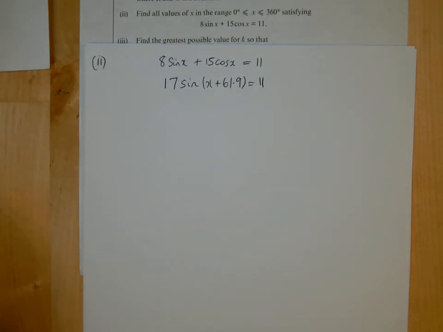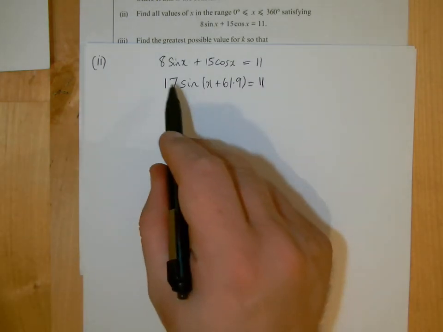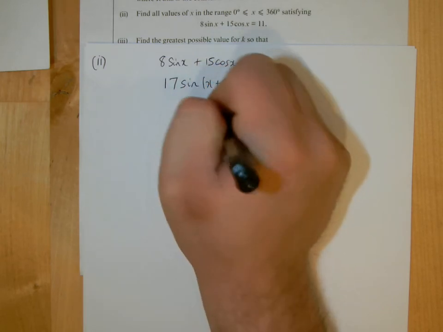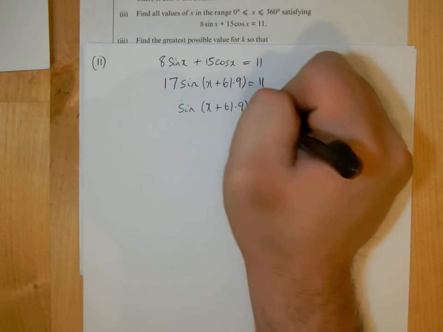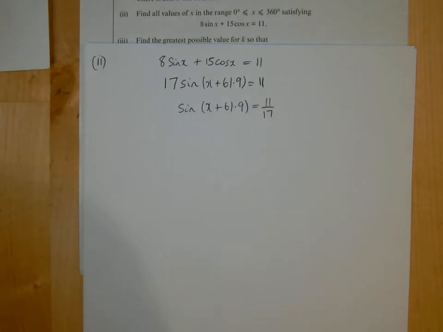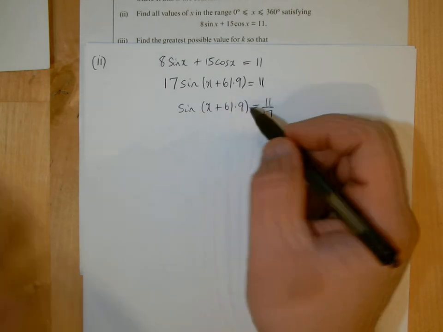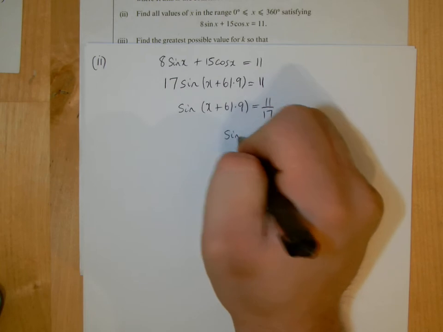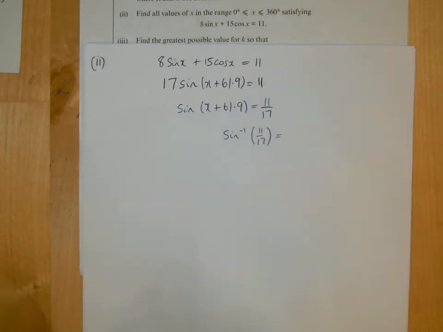So from there we can take this 17 over the other side, so we have sin(x plus 61.9) equals 11 divided by 17. Then we can use our calculator to work out what sin to the minus 1 of 11/17 is.